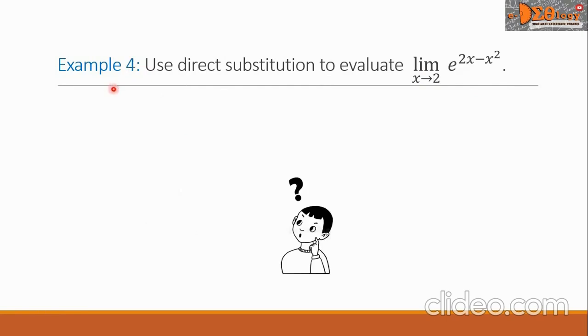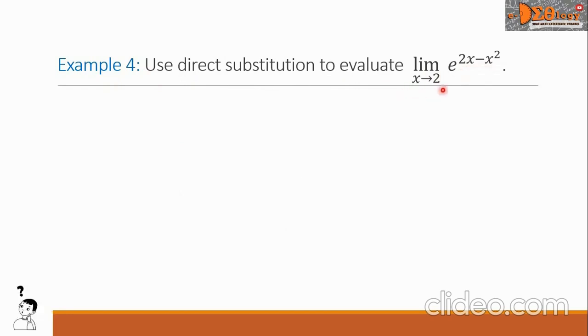Example 4. Use direct substitution to evaluate the limit of this function e raised to 2x minus x squared as x approaches 2. For our solution, let us copy our problem down here, and then let us substitute the number 2 to the x in the function.